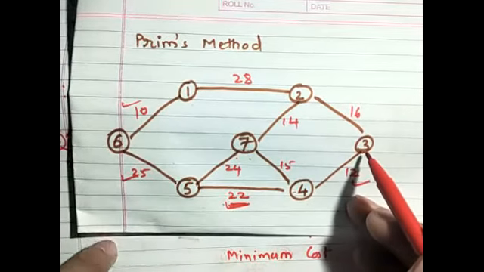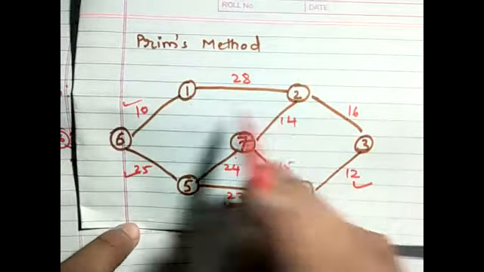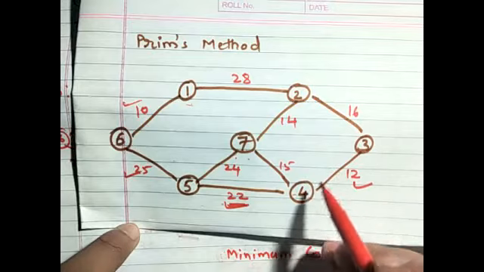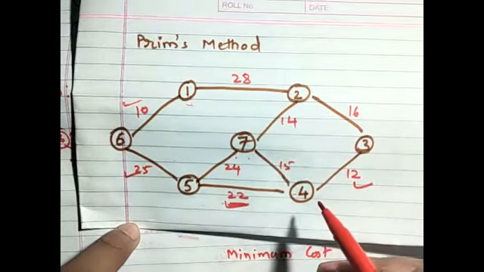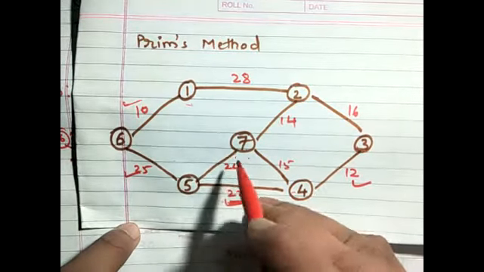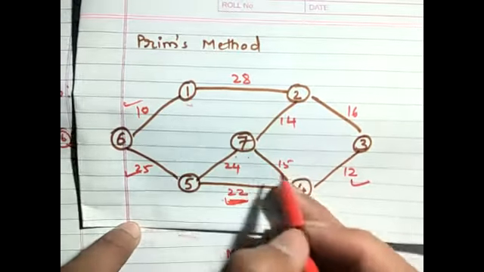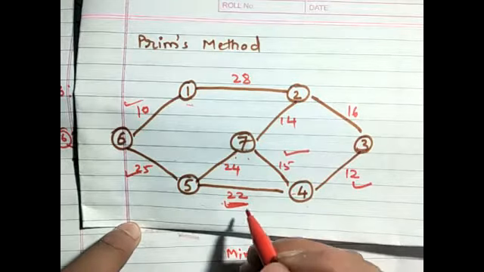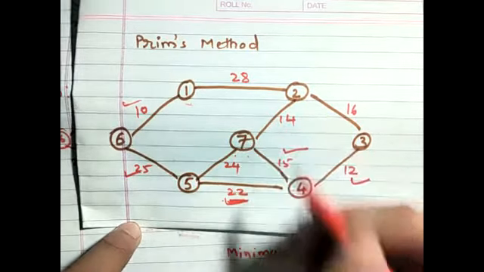Now, after we reached 3, we have a few more options: from 1 to 2, 3 to 2, then 4 to 7, or 7. Among these, the minimum cost was this one, so we chose in this way. And then finally from 7 to 2.